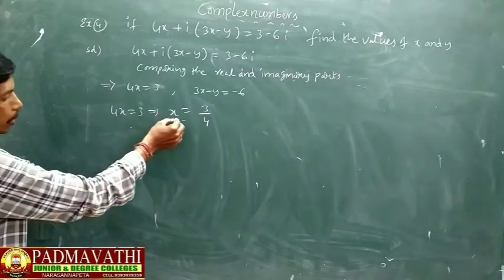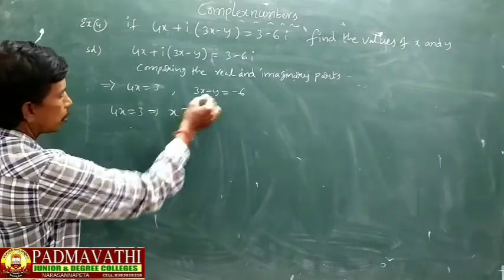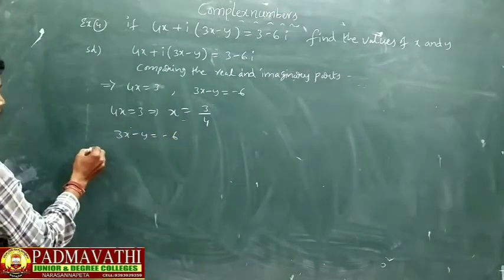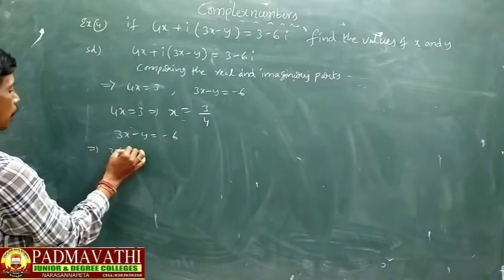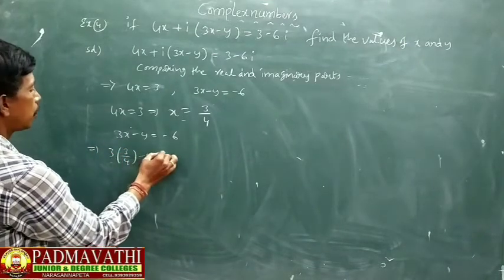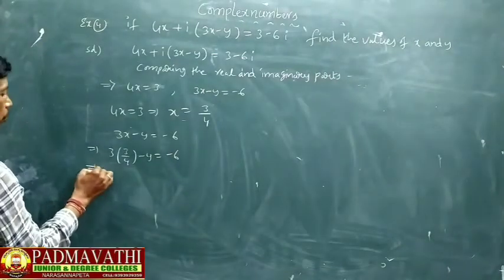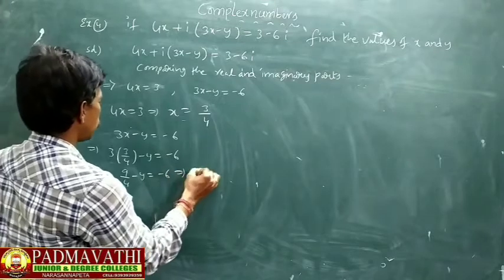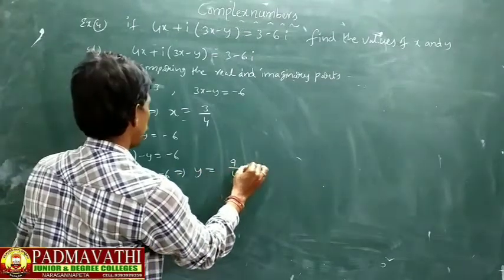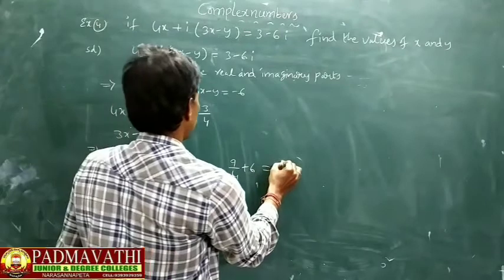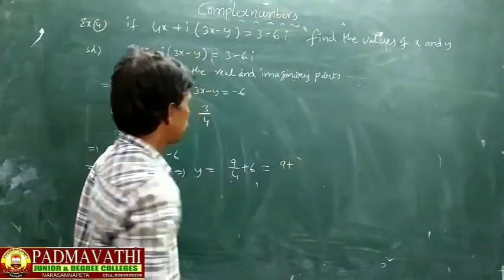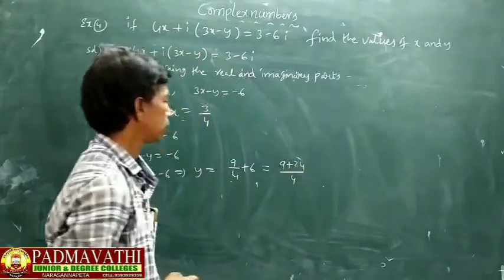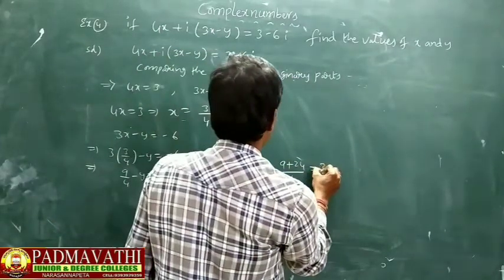We substitute the x value in the other equation. 3x minus y equals minus 6 implies 3 by 4 times 3, that is 9 by 4, minus y equals minus 6, implies y equals 9 by 4 plus 6, 9 plus 24 by 4, that is 33 by 4.